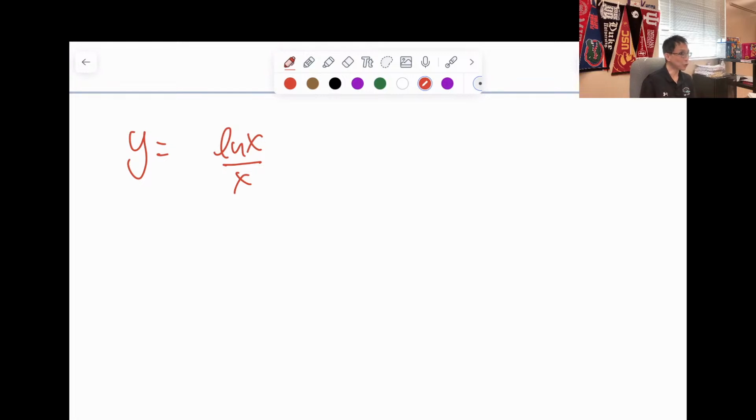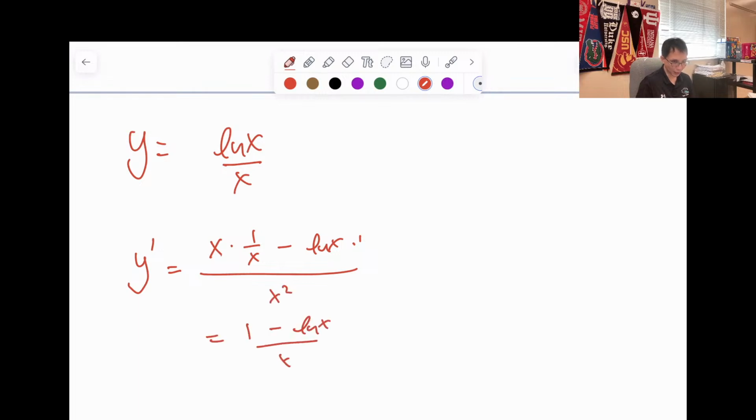Okay, so I love this question because it has a lot of things to talk about. So y prime is equal to low d high minus high d low over low low. Again, x and x cannot cancel out. So it'll be 1 minus ln of x over x squared. So 1 minus ln of x equal to 0, ln of x equal to 1, x equal to e.